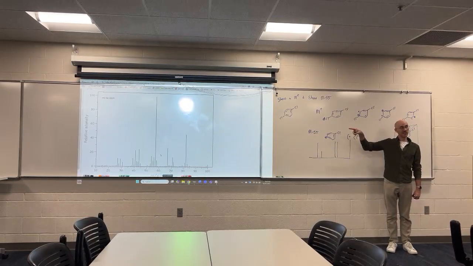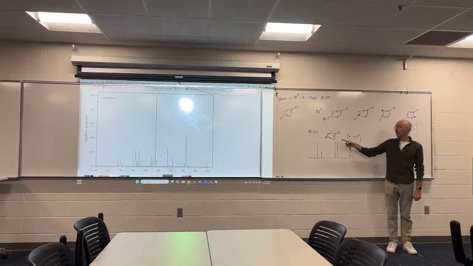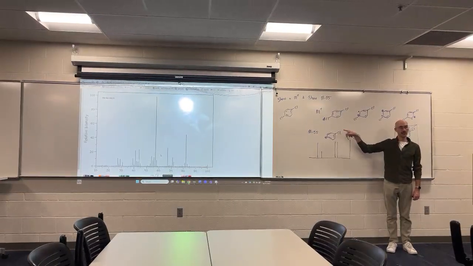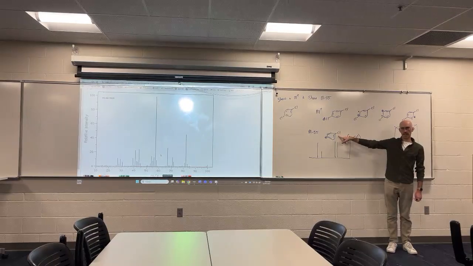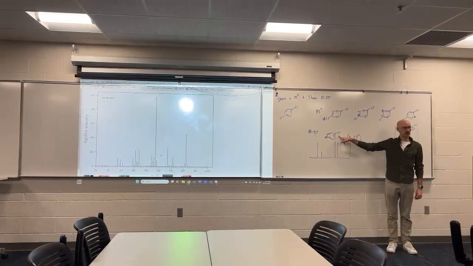In fact, when you look on here and you say the molecular ion is this, the molecular ion is not using the average atomic mass. The molecular ion is using the lowest isotopic mass. So we're knocking off the 35 chlorine. You're lobbing off a chlorine, and you still have a chlorine. And remember, your sample size is a few hundred million molecules.